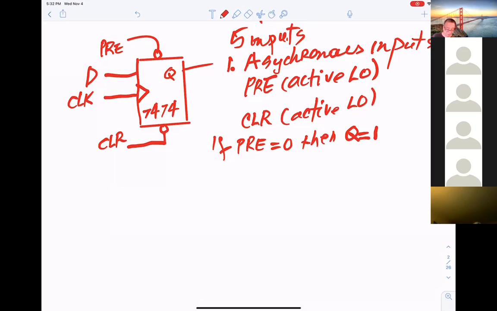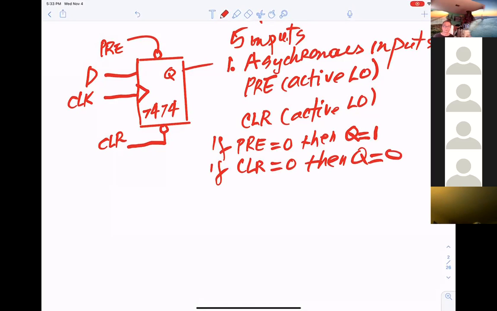Same thing. If clear equals 0, clear is the same as reset, then Q must be 0. Okay, that overrides input D or the clock.